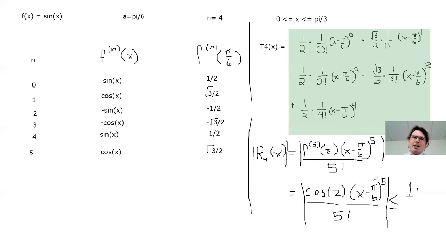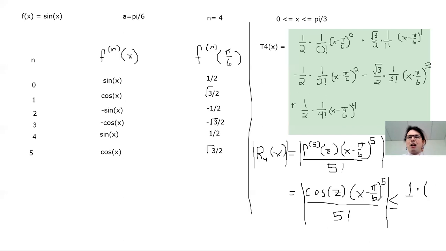So this time I'll say, well, I've got x minus pi over 6, and this is all raised to the 5th power. So power functions like this, since 5 is a positive number, the biggest this could be is going to correlate with the biggest input I can give this power function. So for this problem, the biggest that could be is x equals pi over 3.